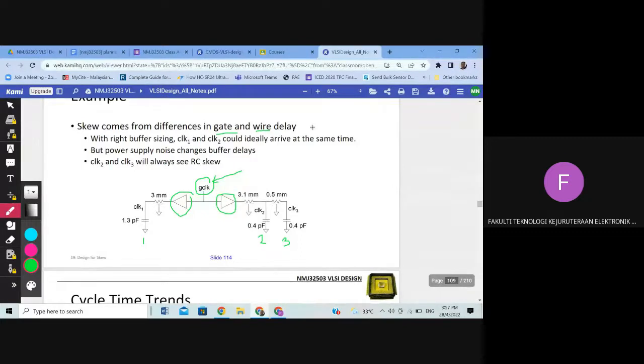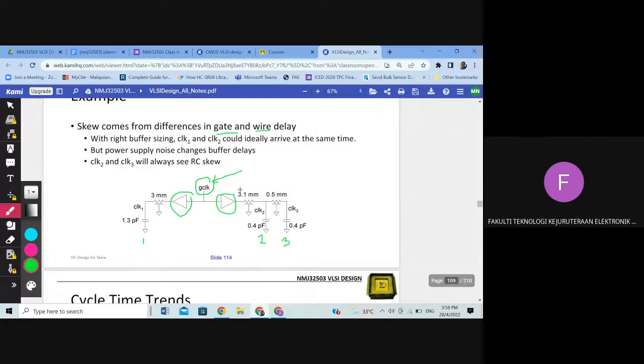You synthesize, and then you get the gates, and then you see the timing report. From that timing report, you see the delay of the gate and also the delay of the overall system. So from there you can estimate and see the difference in gate delay, in terms of numbers, how long the delay is from one gate to another gate. Different gates have different delays. For example, a NAND gate and a NOT gate have different delays, depending on the architecture inside the gate.